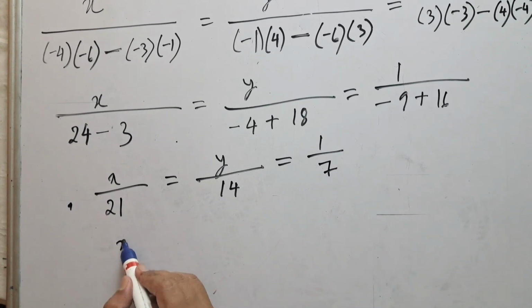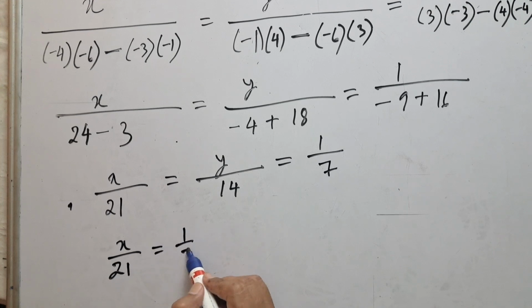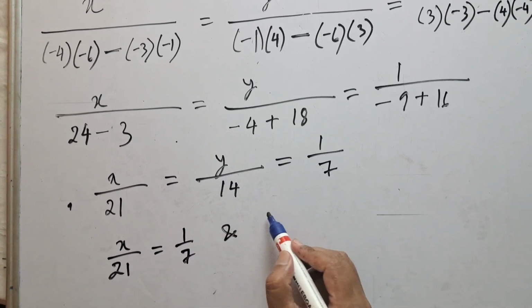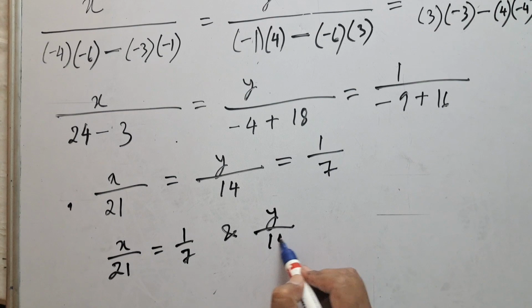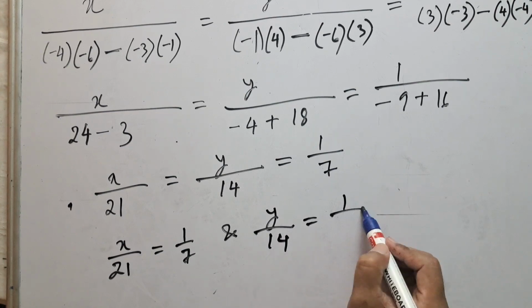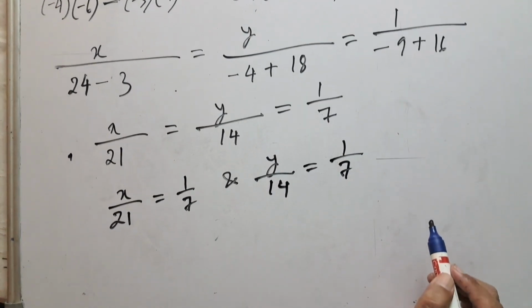So we can write x upon 21 equal to 1 upon 7, and we can also write y upon 14 equal to 1 upon 7, isn't it?